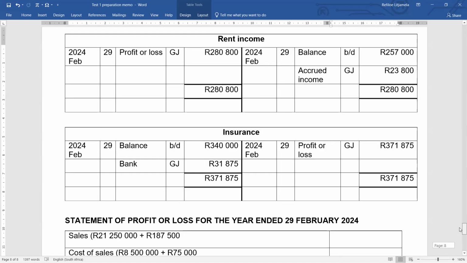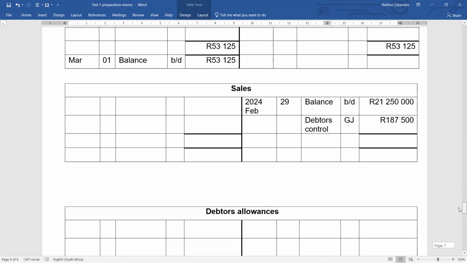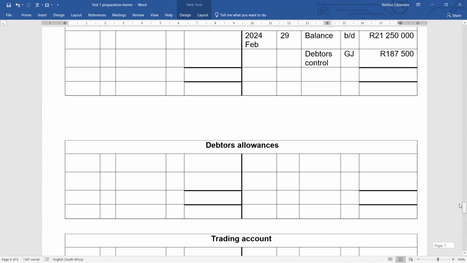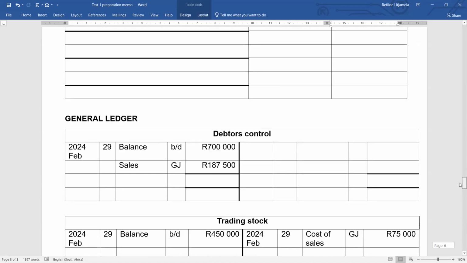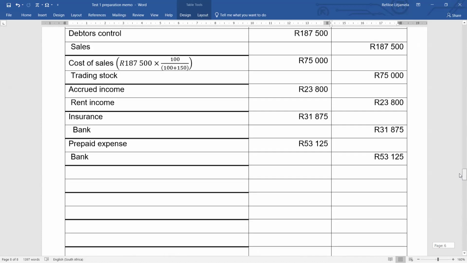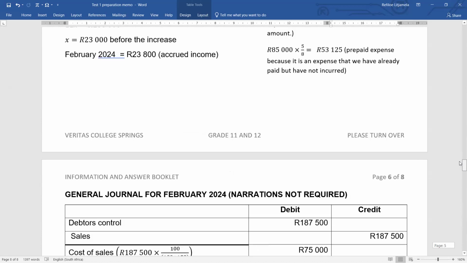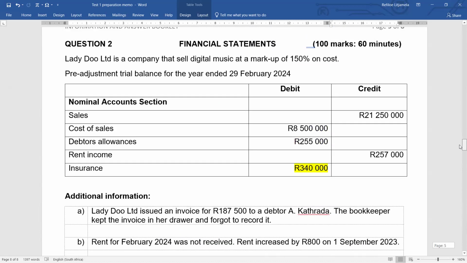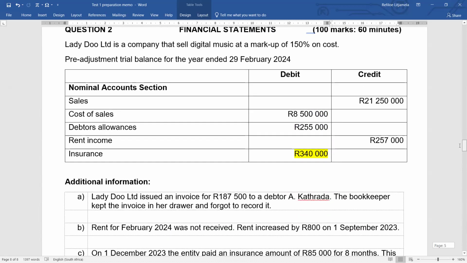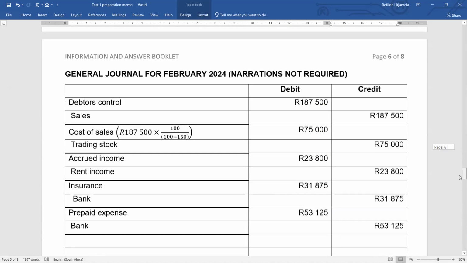I'm just trying to check if I've done everything. I noticed that we haven't done debtors allowances. I've pretty much done everything here. The only thing that I haven't done is everything that relates to debtors allowances. So what am I going to do with that 255,000?